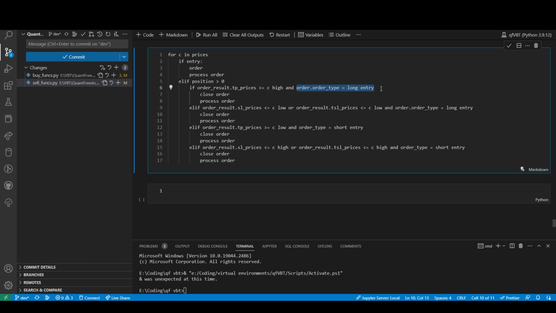Well, we have to be in one of them. Wait, we have to be in one, so we don't even need to check this. Because if we're going to close the order, we're going to send it the order, and then the order is going to be processed. So if we're sending it, oh no, we need to send it long. We need to be able to send it long take profit. So we have to check if we're in a long entry. Because if we're in a long entry, then we have to set this order to long take profit.